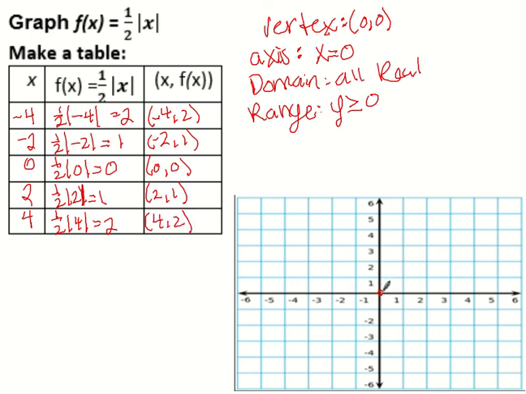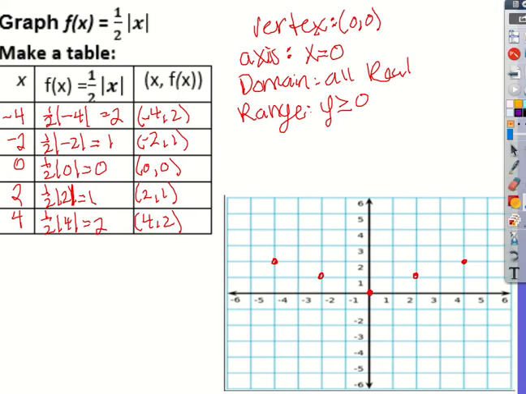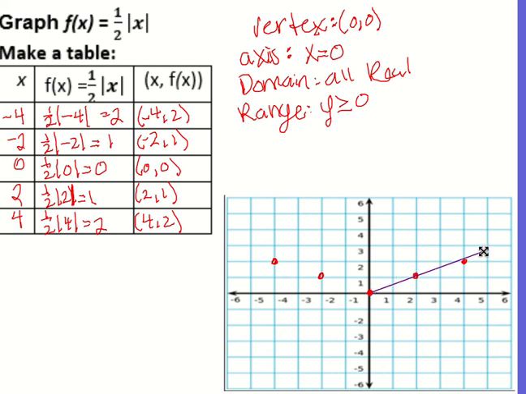So 0, 0, 2, 1, 4, 2, -2, 1, -4, 2. And you can see it has been compressed, right? Because it's been smushed down. Compressed.